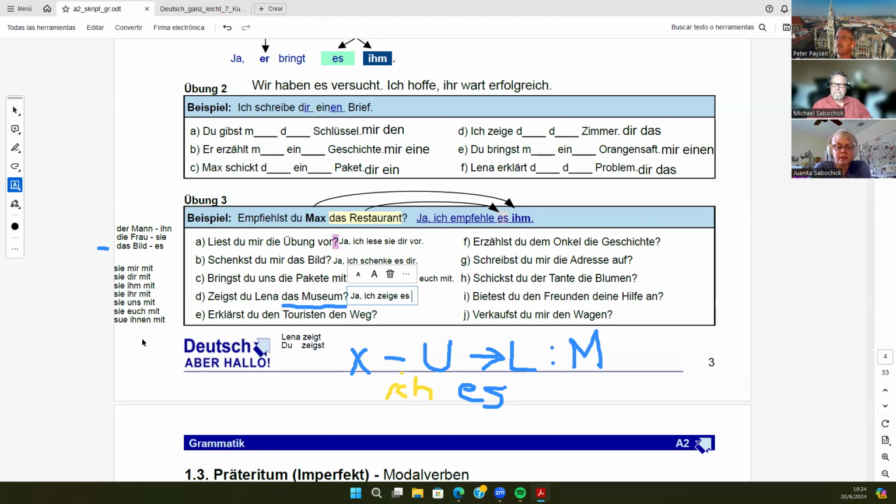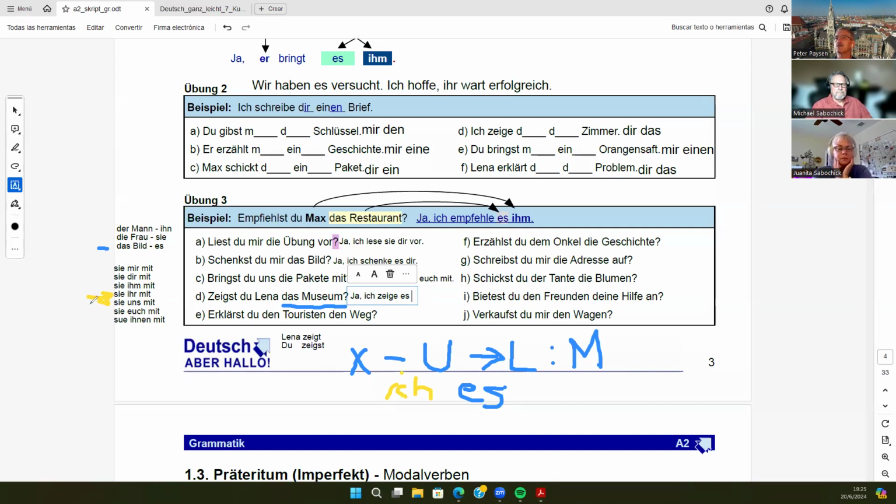So would you put Lena? Would you put her name, or would you put sie? In this case, what we're doing is we are putting the dative pronoun. Where we got the es for the accusative, now I need to go to the dative pronoun.